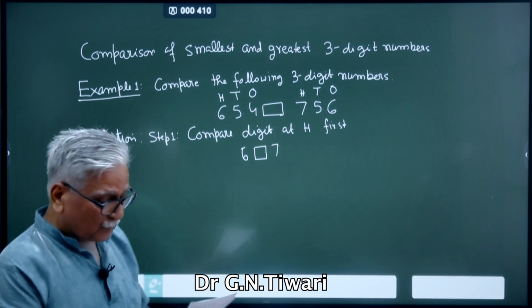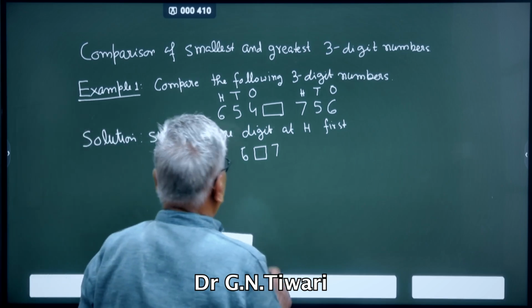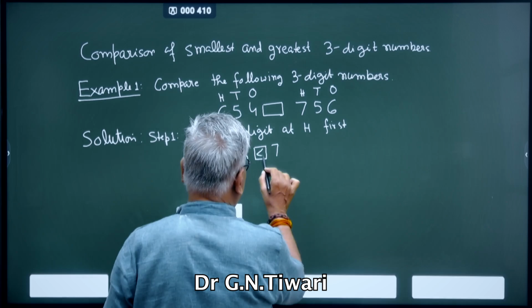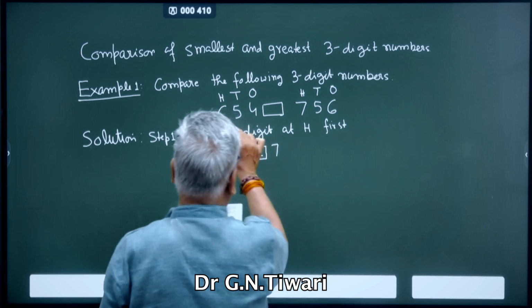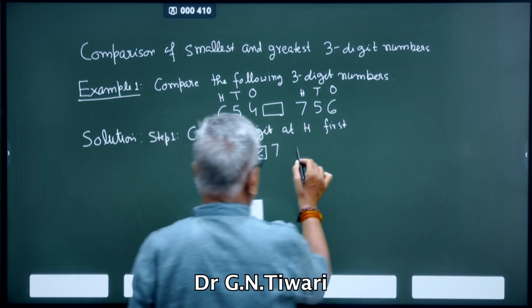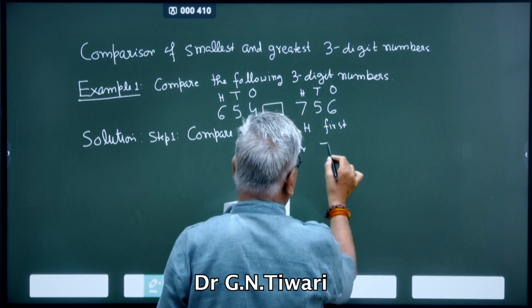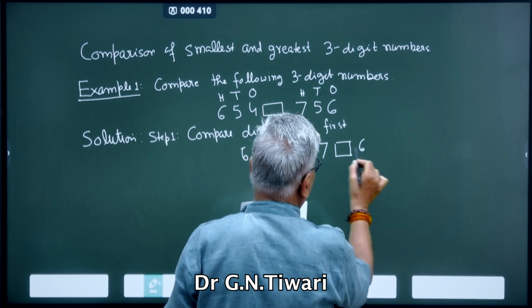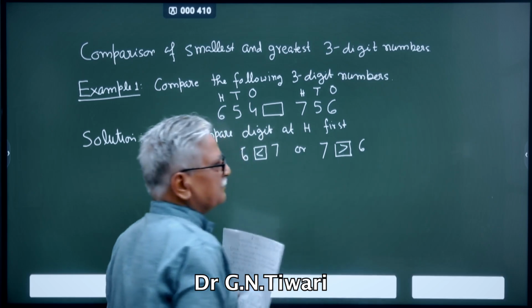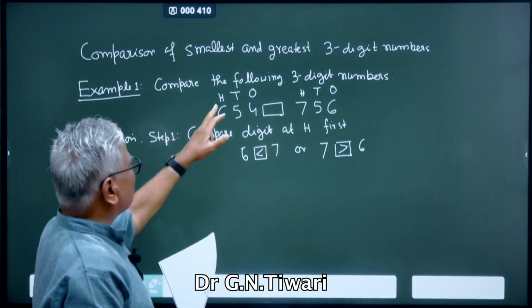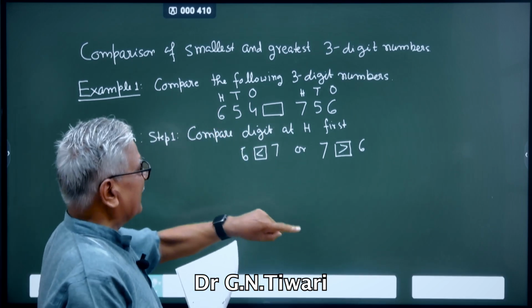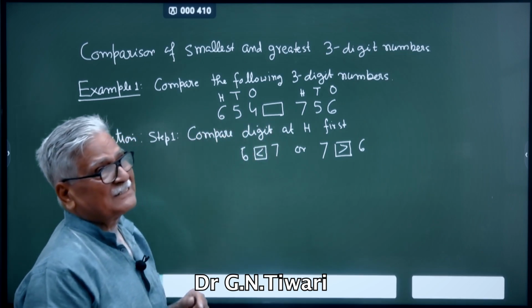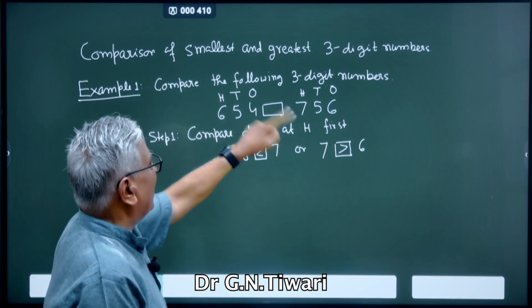But you have to keep in mind, either do the sign like this, that 7 is greater than this, or if you write 7 first and 6 later, then you can put it like this. That means the first digit from the left hand side should be compared first. If H is higher than H of the second, the whole number is higher than this.